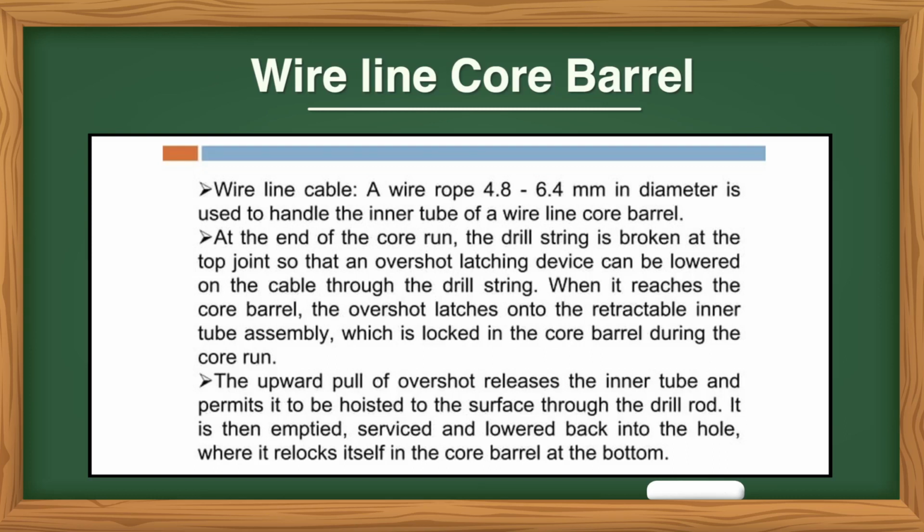The upward pull of the overshot releases the inner tube and permits it to be hoisted to the surface through the drill rod. It is then emptied, serviced and lowered back into the hole.